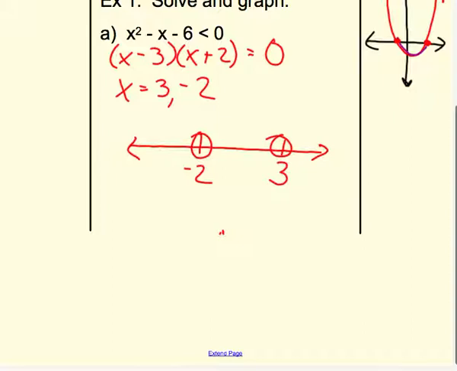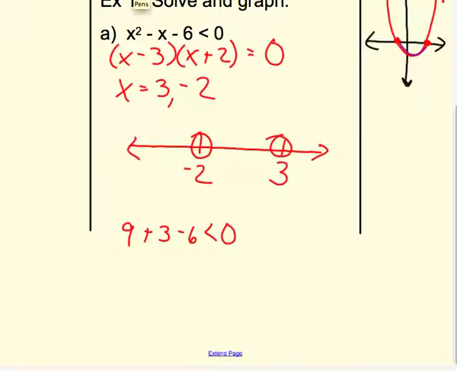So let's see what happens if we substitute negative 3 into our inequality. We would get negative 3 squared is 9, plus 3, minus 6. So 9 plus 3 is 12, minus 6 is 6, which is not less than 0. So based on our graph, we are correct to assume that that's not going to work.